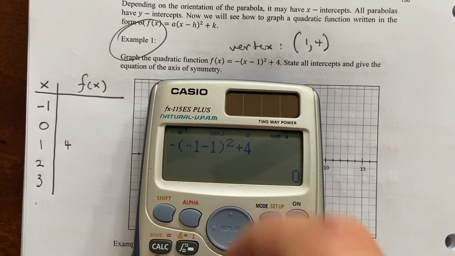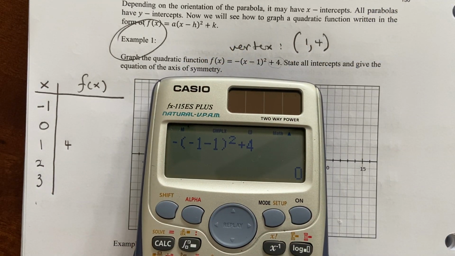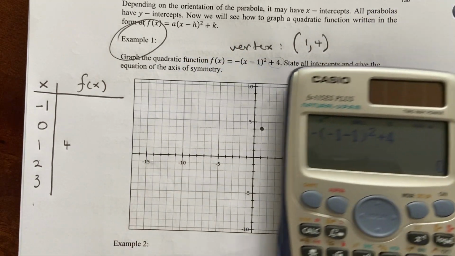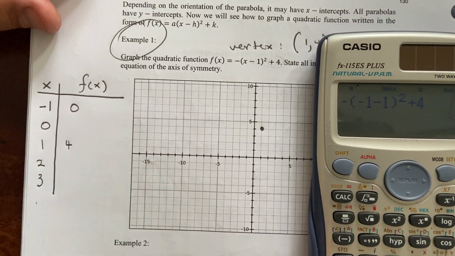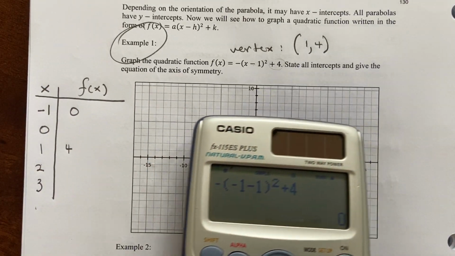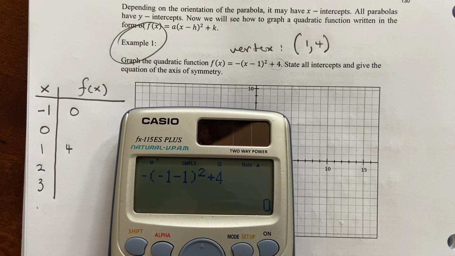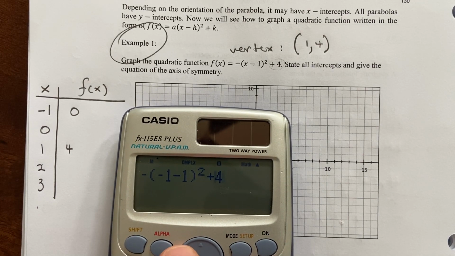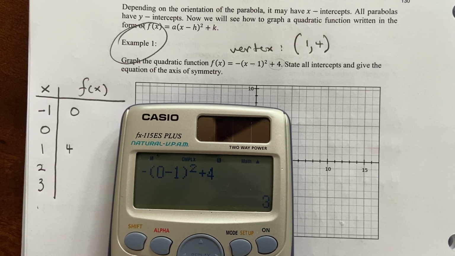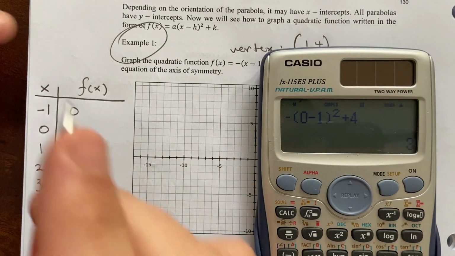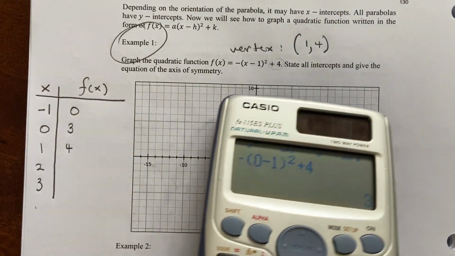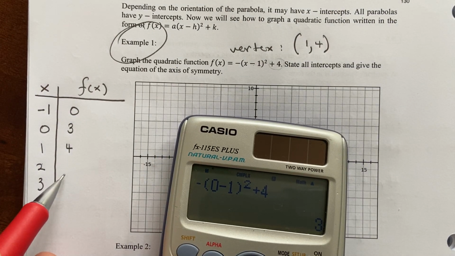So that is a 0, actually. So for -1, I get 0. Let's see what we get for 0. So I'll replace -1 with 0, press equals. I get a 3. And then let's go down here. I'll plug in a 2.